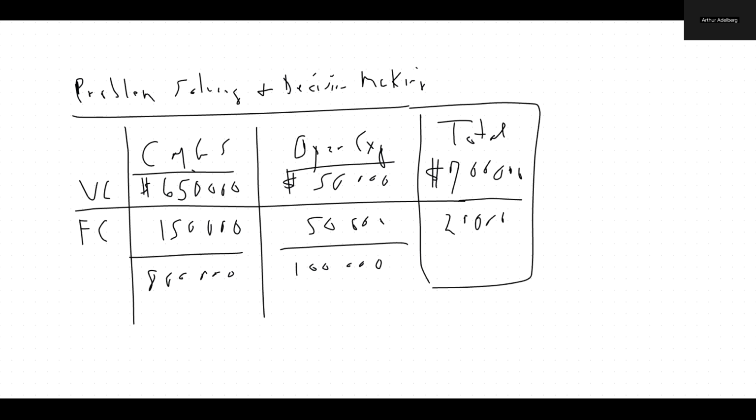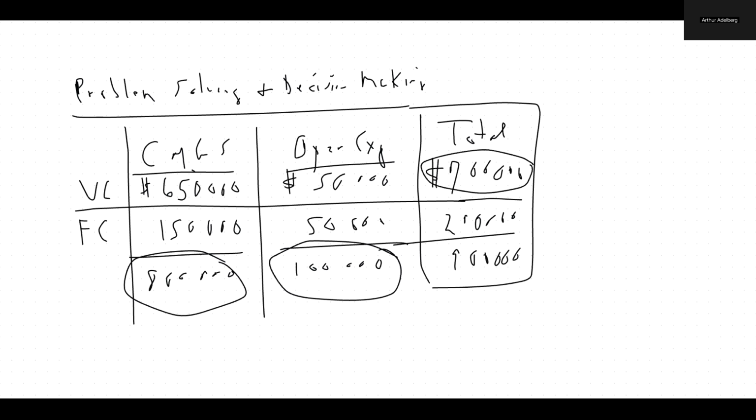I've got the same $900,000 of cost that was incurred in 2026. But instead of having 800,000 of cost of goods sold and 100,000 of operating expense, I have variable cost of 700,000 and fixed cost of 200,000. And with this data, I am now going to prepare an income statement for problem solving and decision making.